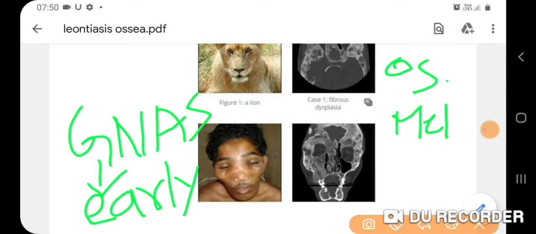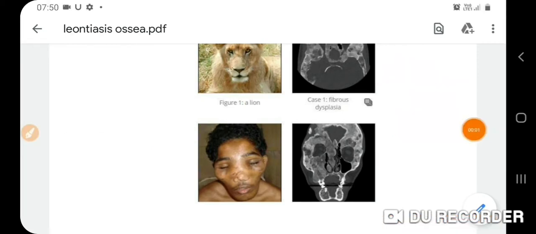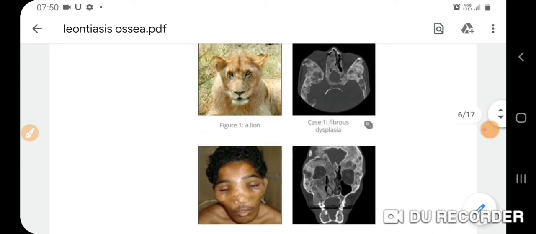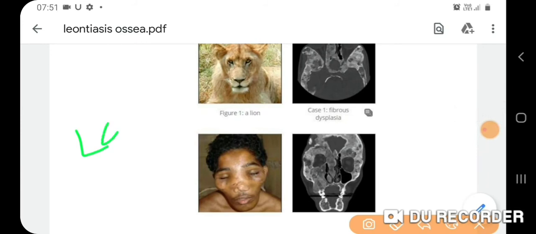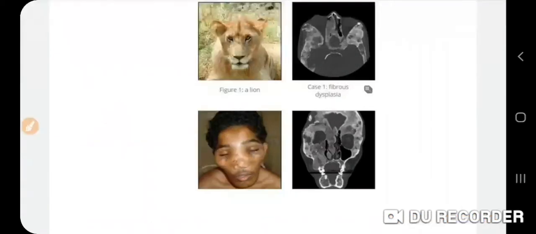So if the mutation occurs in the early phase, changes occur in these three types of cells. Or if the mutation occurs in skeletal progenitor cells in a later stage of embryonic development, the changes occur only in the osteoblasts.